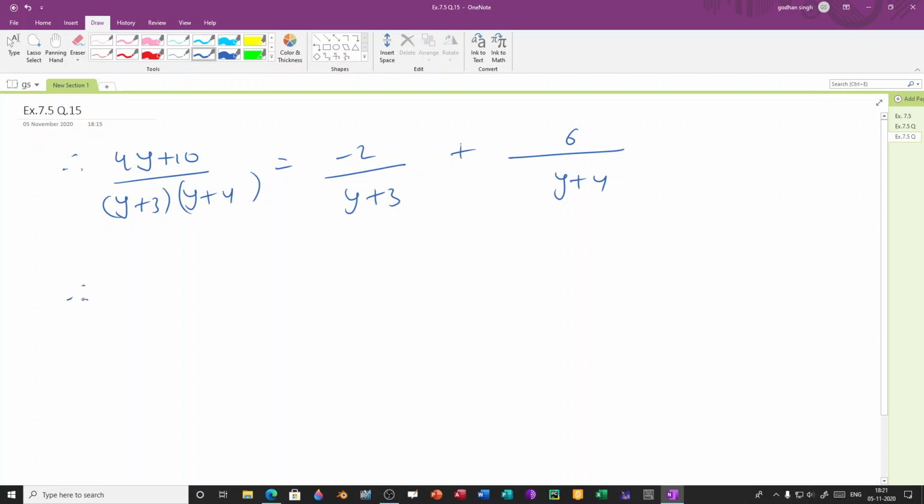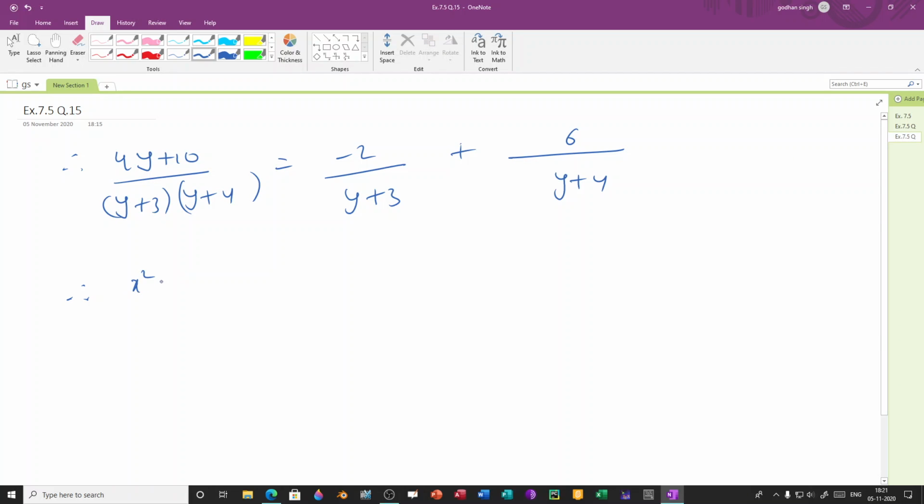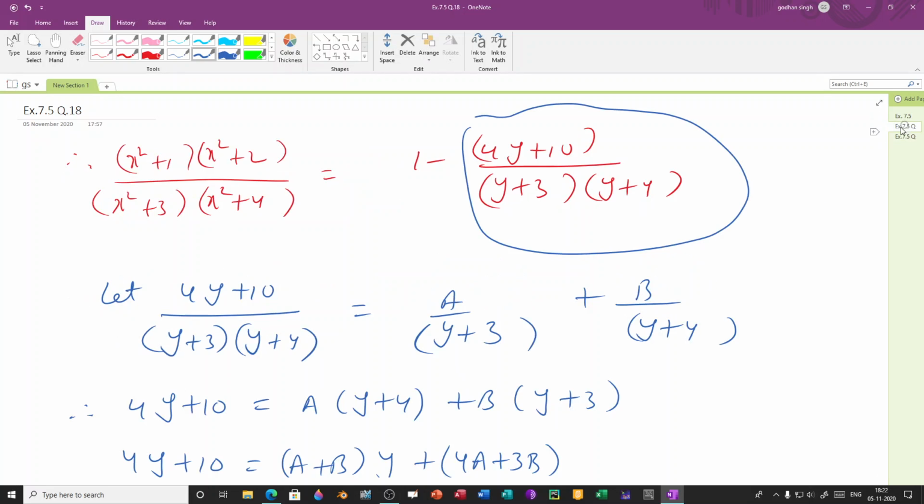So therefore we can say that x square plus 1 into x square plus 2 over x square plus 3 into x square plus 4 is equal to 1 minus this 4y plus 10 over y plus 3 into y plus 4, that can be written as 1 minus, 2 over y plus 3 plus 6 over y plus 4. So that is what we have written here.